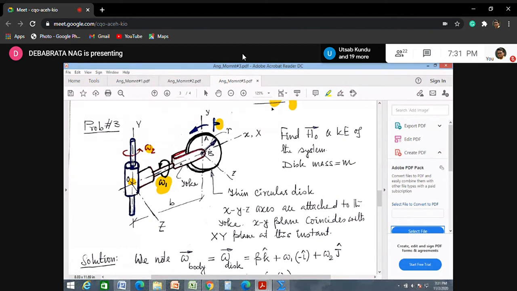Again, please note, this point O is inertially fixed, right? This point O is inertially fixed, but in this case, can we say that this is a case of rotation about a fixed point?